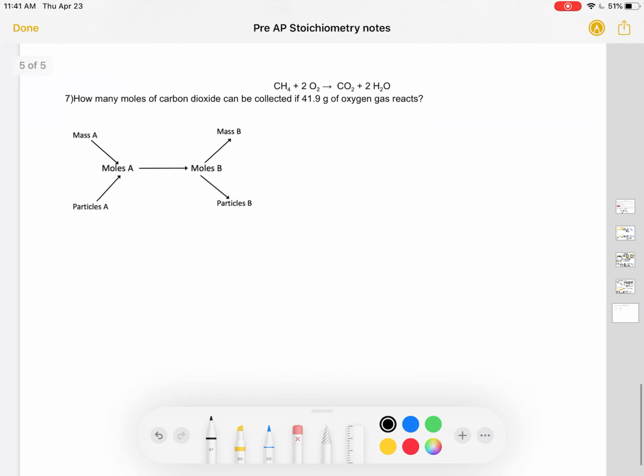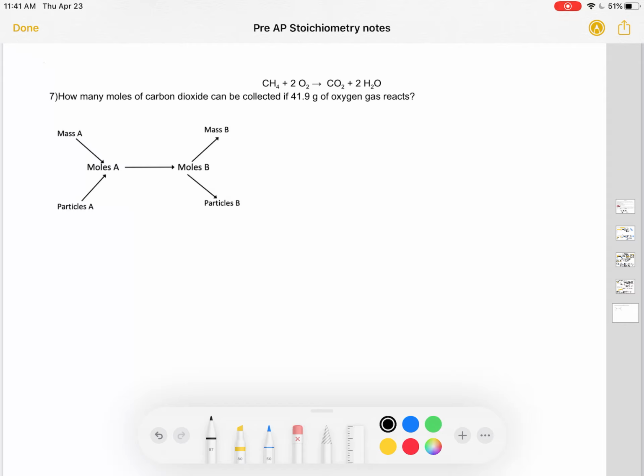All right. Last one. I hope you guys are doing okay with this and not really having to look at that roadmap. It's not going to be given to you on tests and quizzes and things like that. So if we're starting with 41.9 grams of O2, and we want to go to moles of carbon dioxide, we only want to go to right here, moles of CO2.